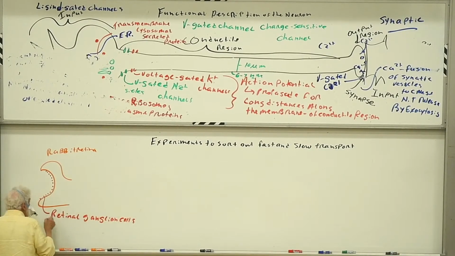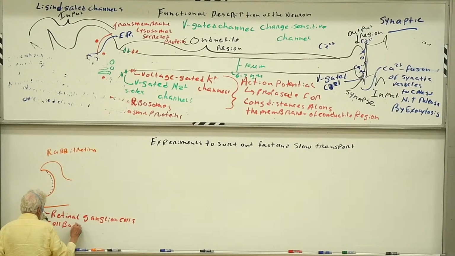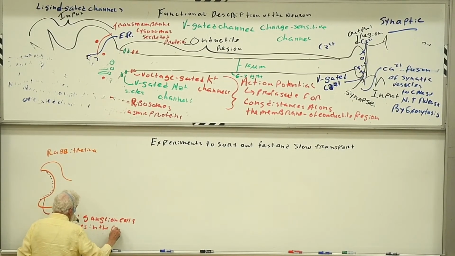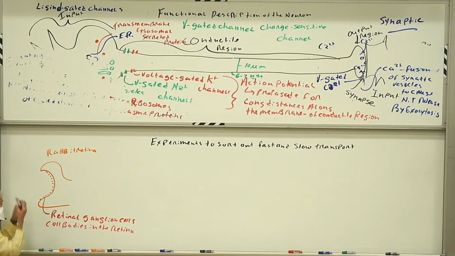The point is that the retinal ganglion cells have cell bodies in the retina. And one of the major advantages of the system is the retina is out separate from the brain and is out in a fairly accessible site.